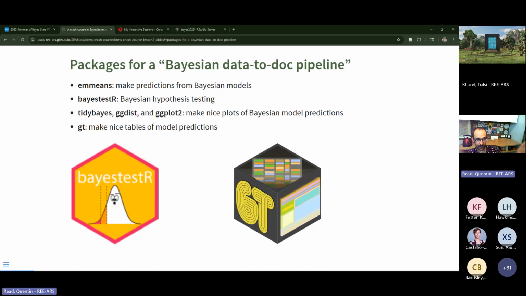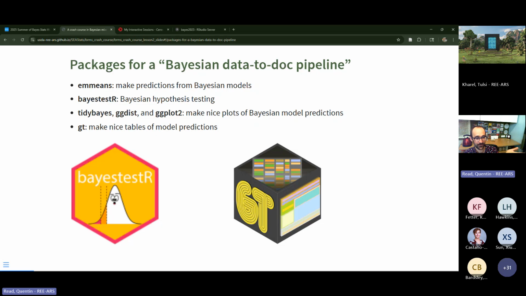And as we go, especially, I didn't do this as much in lesson 1, but for all the lessons following, I'm going to try to explain it as if you would be doing this, analyzing data that you actually want to present in a publication or presentation. So try to go through the whole data to doc pipeline, right? Start with the raw data, look at it, fit a model to it, make model predictions, put those model predictions into graphs and tables and textual descriptions that you would report in a manuscript.